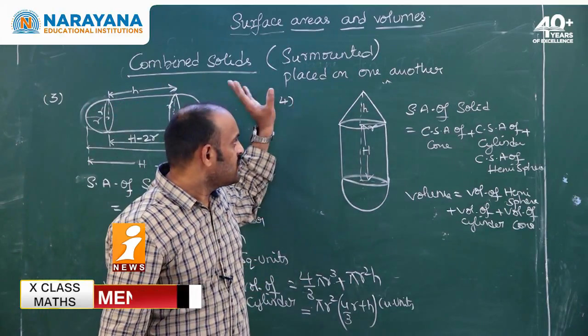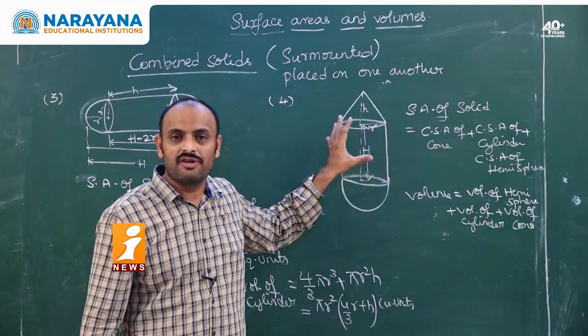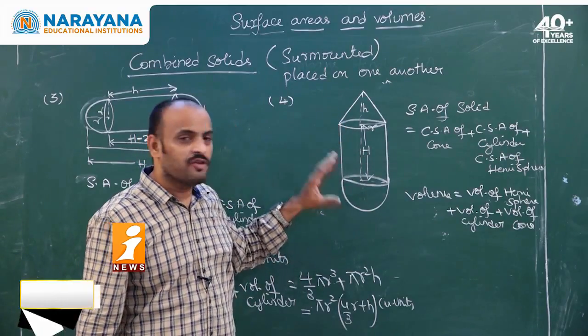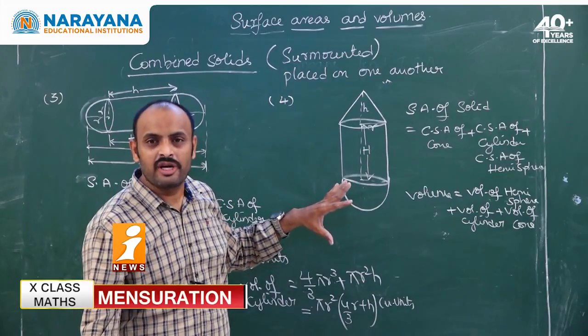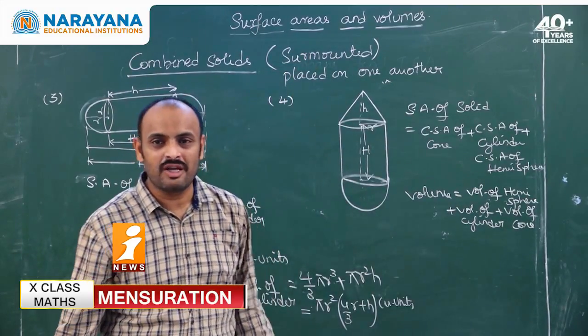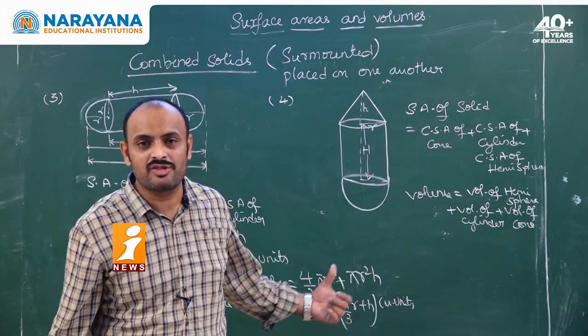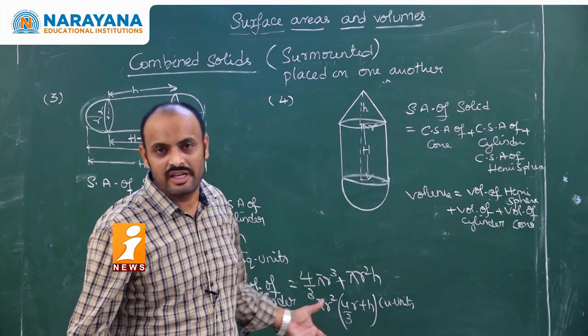See, if you want to find the combined solid surface area, add the CSA of each figure. If you want to find the volume of the combined solid, add the volumes of each figure. So hope you understand all these things, and the remaining combined solids questions we are going to see in the next session.